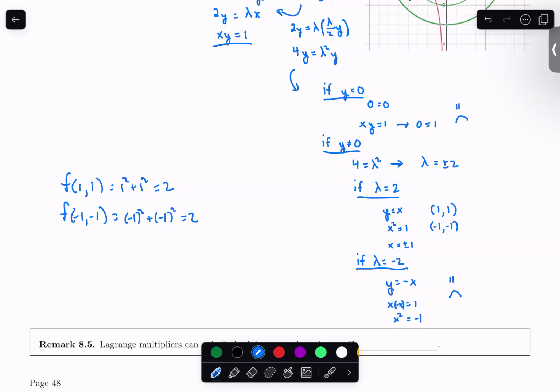So my final question here is, is 2 a maximum? A minimum? Is it both? What's going on here? How do I know if it's a maximum or a minimum, or what is 2 in this case? Anyone have a guess?